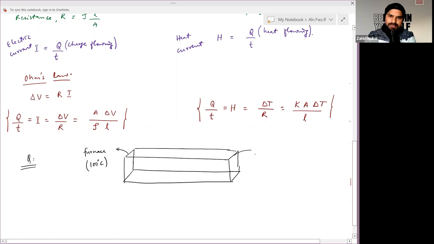This end is connected to ice at 0 degrees Celsius. Length of this particular rod is 0.5 meter. Length and breadth are 10 centimeter each. Thermal conductivity is 0.8 watt per meter per Kelvin.